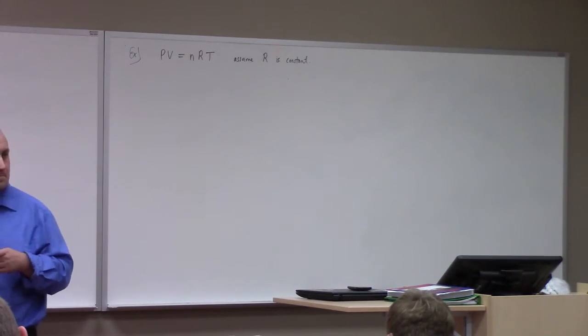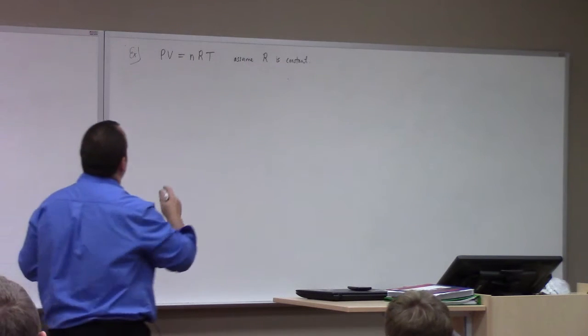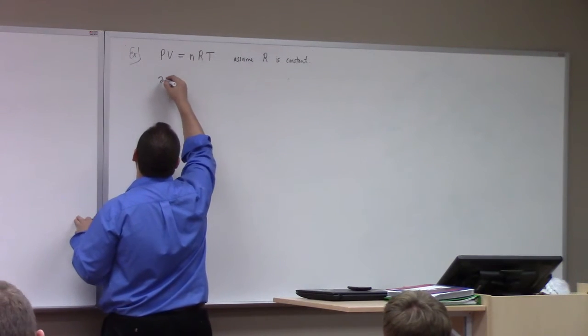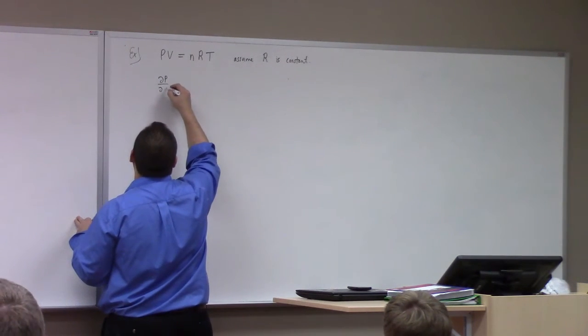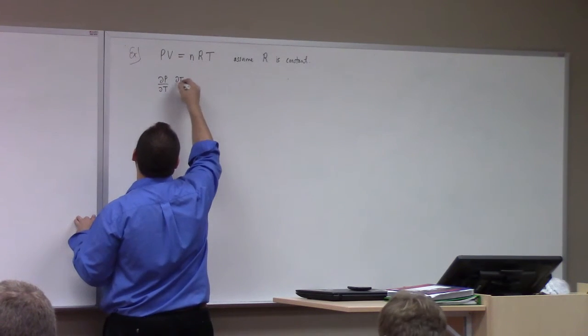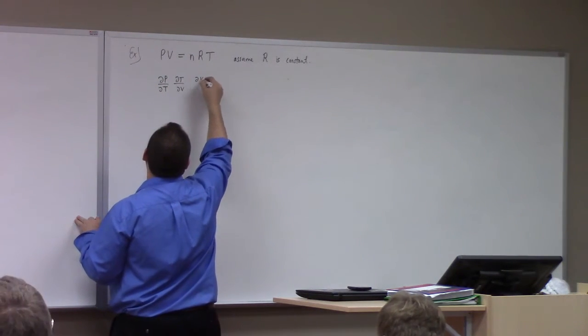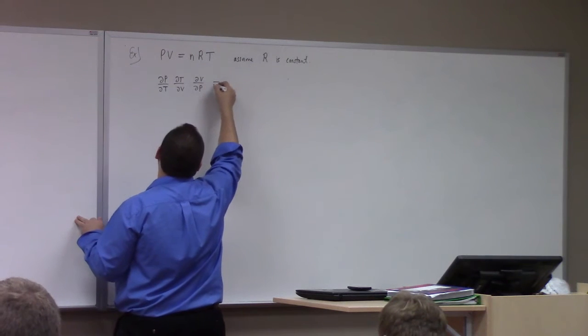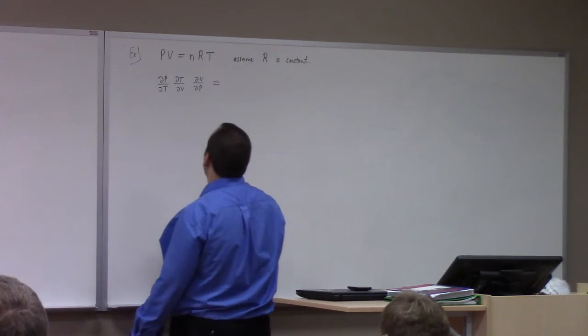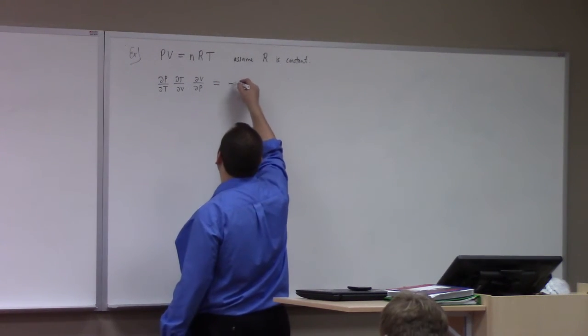So let's see here. I want to show partial p, partial t, partial t, partial v, partial v, partial p is equal to something. Minus 1, in fact.